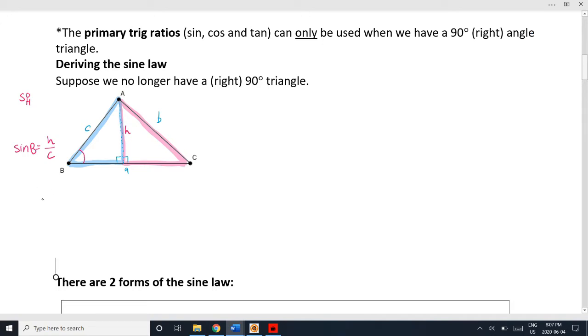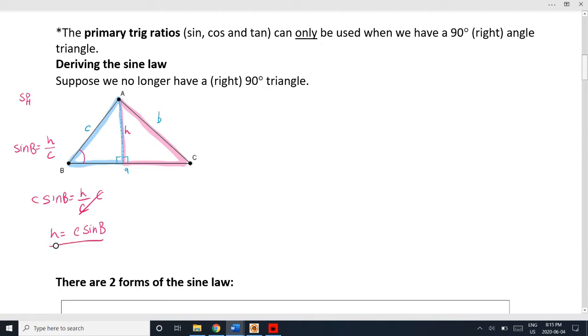Rearranging this, if we multiply c onto both sides, the c would cancel here, and we get h is equal to side c times sine angle B. You're going to be wondering why I'm doing this. It's going to make sense in just a second.